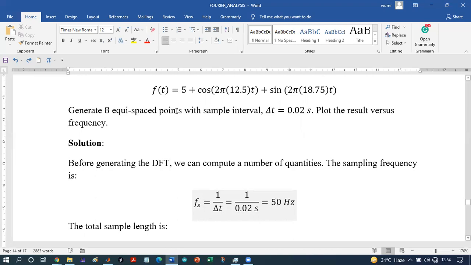So maybe this is the first point, this is the second point, this is the third point. Sorry, this is the 0th point. This is the first, second, third, fourth, fifth, sixth, and 7th.